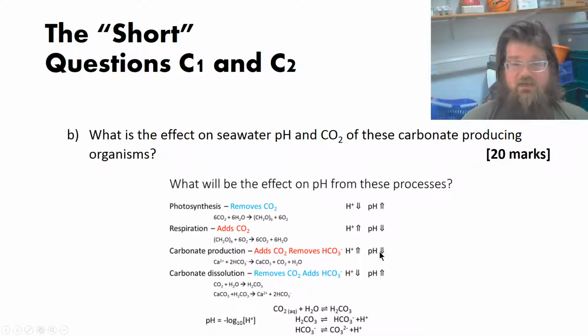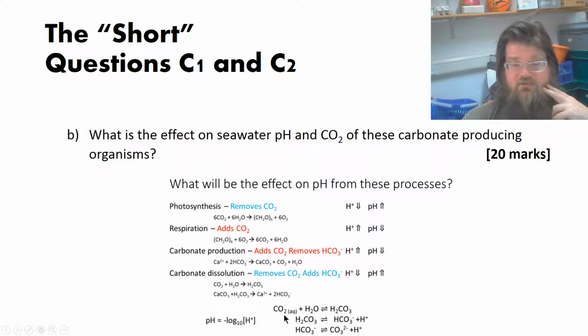And the effect of that is to raise the hydrogen ion concentration and lower the pH. And you could explain why that is through this series of equations down here. So if we're producing CO2, I guess the first thing to say is that carbonate production adds CO2, so that answers half of this part of the question up here.